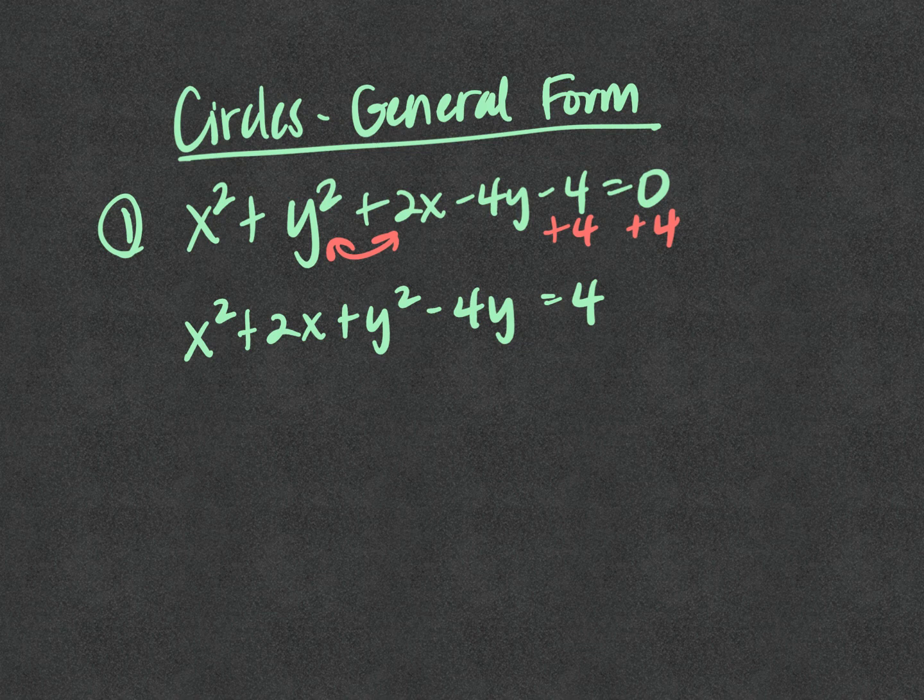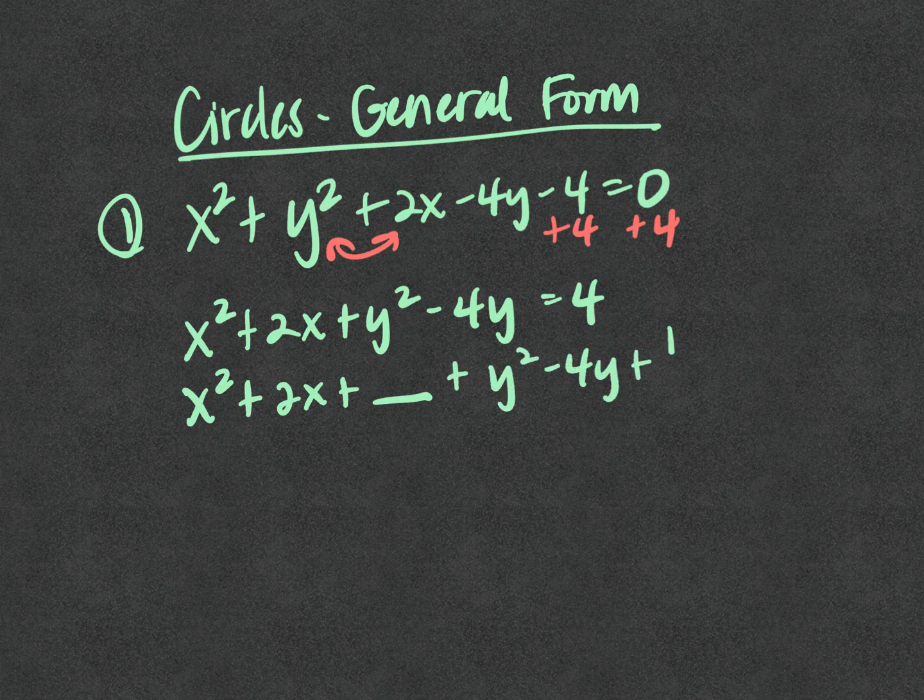Now what we want to do is we want to complete the square. So let's start with the x. X squared plus 2x plus something. And we're going to put something in here to complete the square. And then we have y squared minus 4y plus, let's put a box here because it will be something else, equals 4 plus blank plus box.